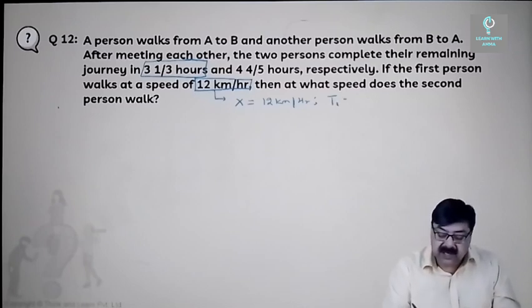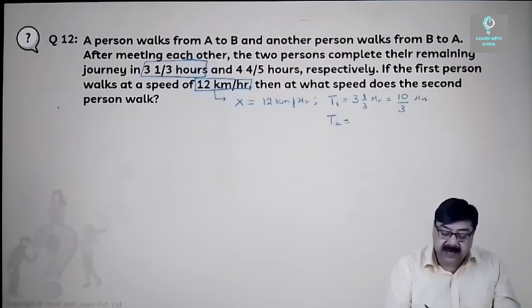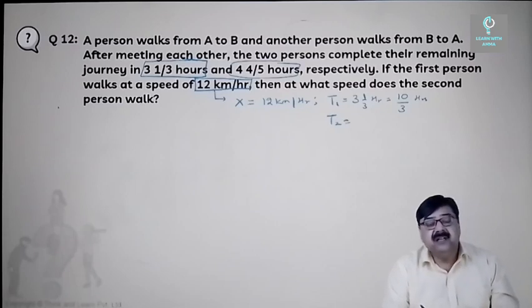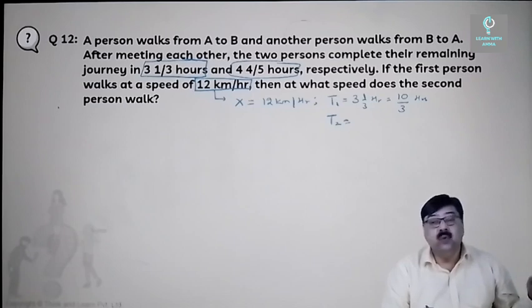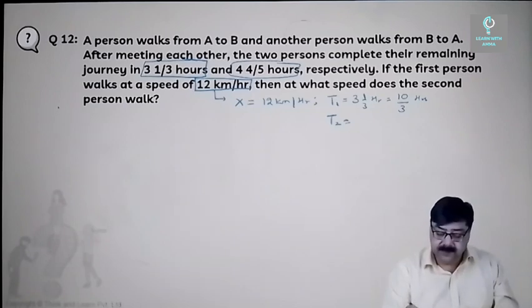So T1 shall be 3 1/3 hours, which is 10 by 3 hours, and T2 shall be 4 4/5 hours. That is the time taken by the second person after meeting the first person to complete the remaining journey towards A. So 4 5s are 20 and 4 is 24, so that is 24 by 5 hours.